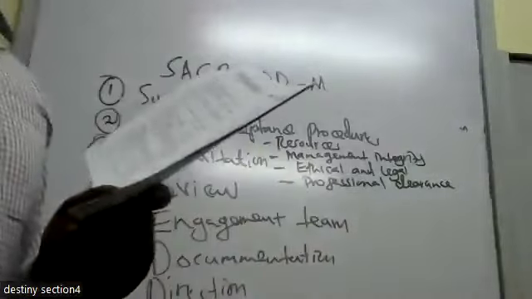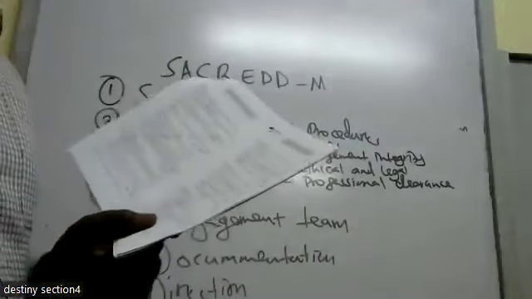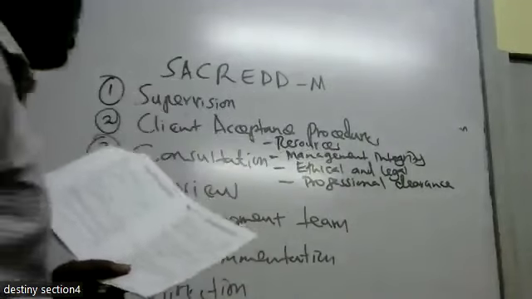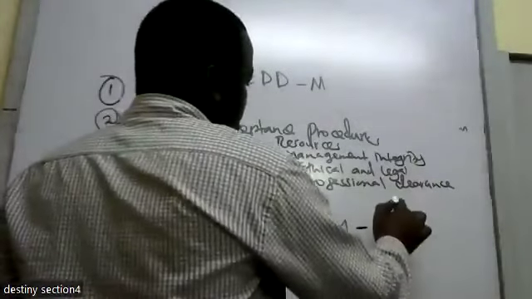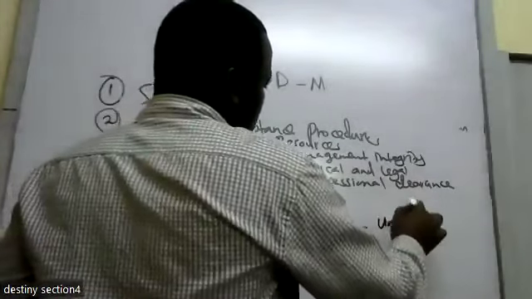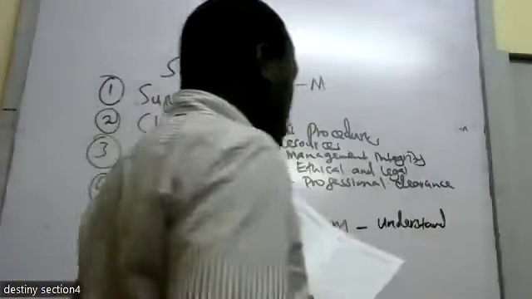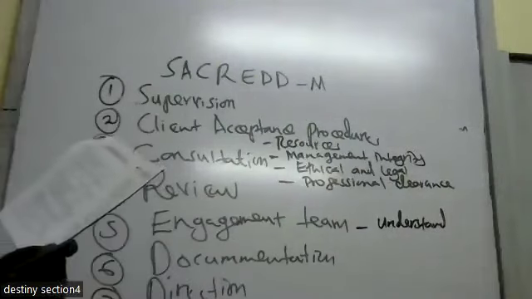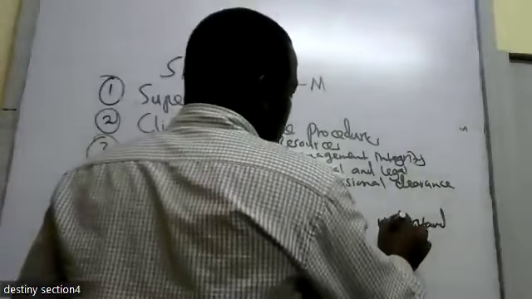Number 2 is the engagement team, so putting the engagement team in place. What do we need to do? For our engagement team, you can think about ability to understand the client entity. You can also think of ability to make sound professional judgment.